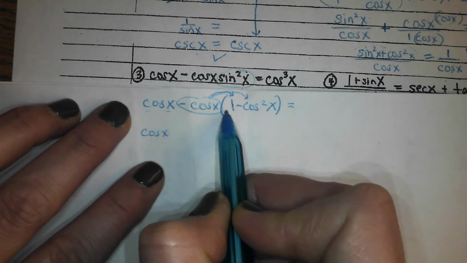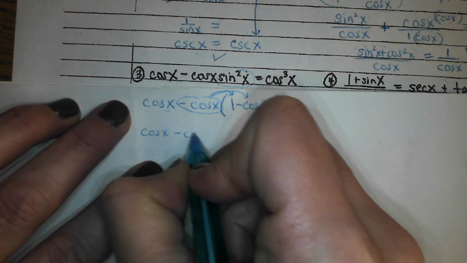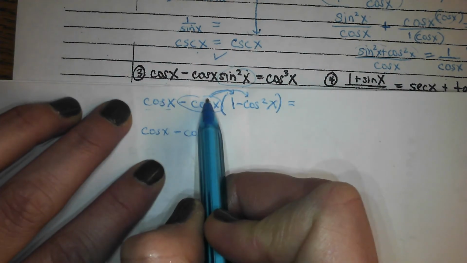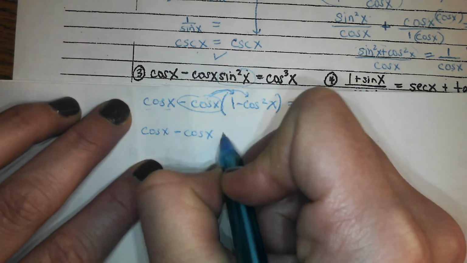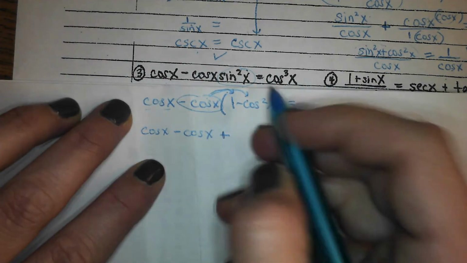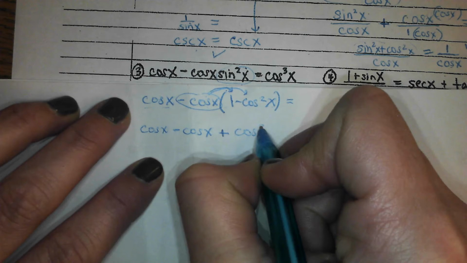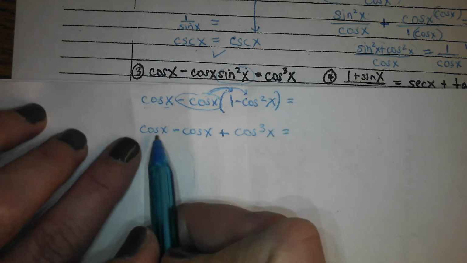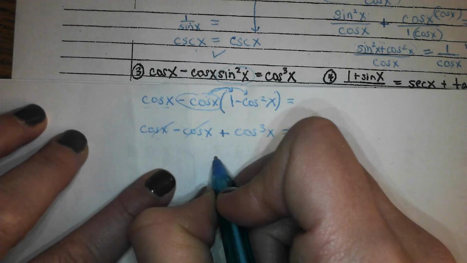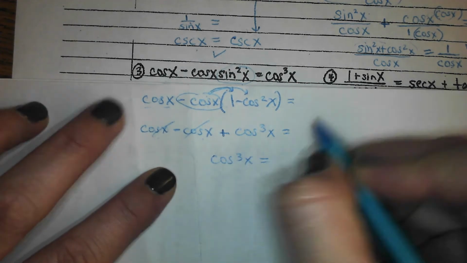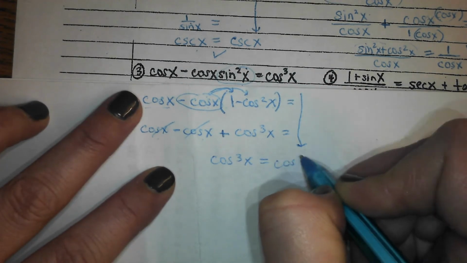Negative cosine x times 1 is minus cosine x. And negative cosine x times negative cosine squared, the double negative makes it a plus. The cosine times cosine squared makes it a cosine cubed. And then when you combine like terms, these cancel. Cosine x minus cosine x, gone. Cosine cubed x equals cosine cubed x.